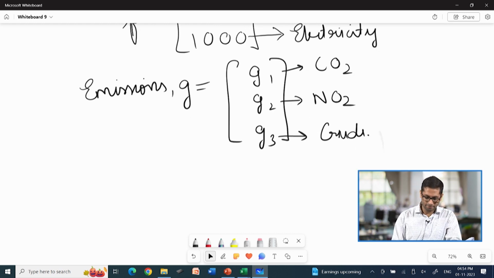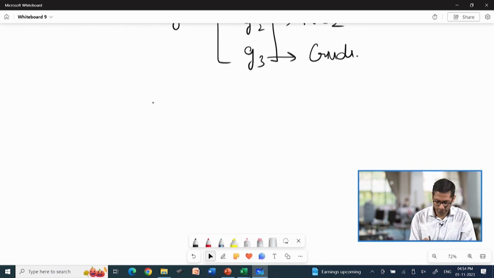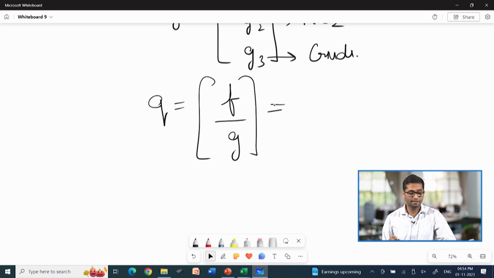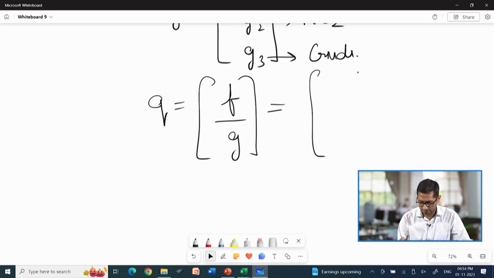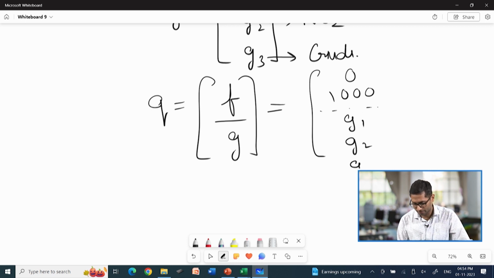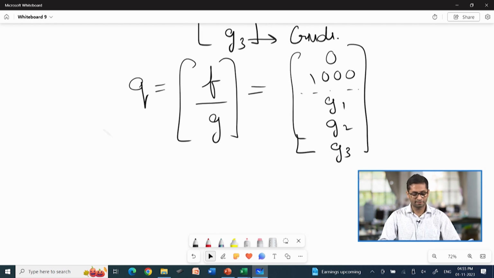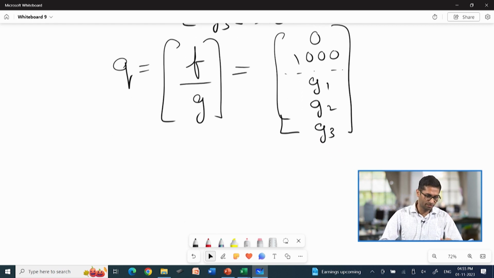So, the combined matrix that I am more interested in would be the Q matrix, which is a combination of the F and G matrix. The F matrix pertains to the functional unit, which is 0 and 1000, and the G matrix refers to the three different emissions that I would want to know, so that I can take these emissions to the different impact categories and evaluate the impact coming from these different kinds of emissions.